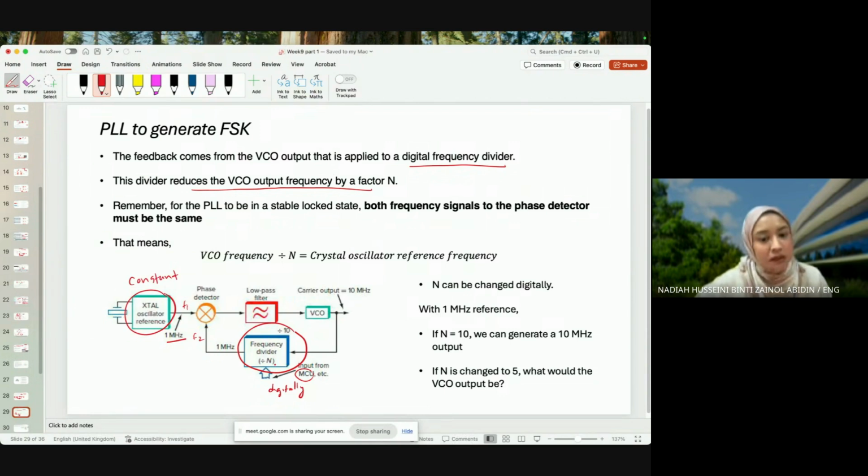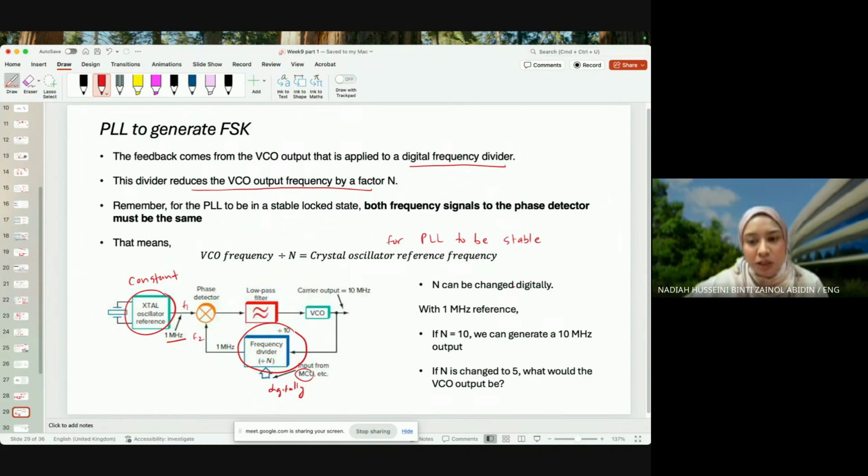That frequency is divided by n, and the output should be the same as the crystal oscillator. So VCO frequency divided by n should be equal to the crystal oscillator reference frequency for the PLL to be stable and locked.